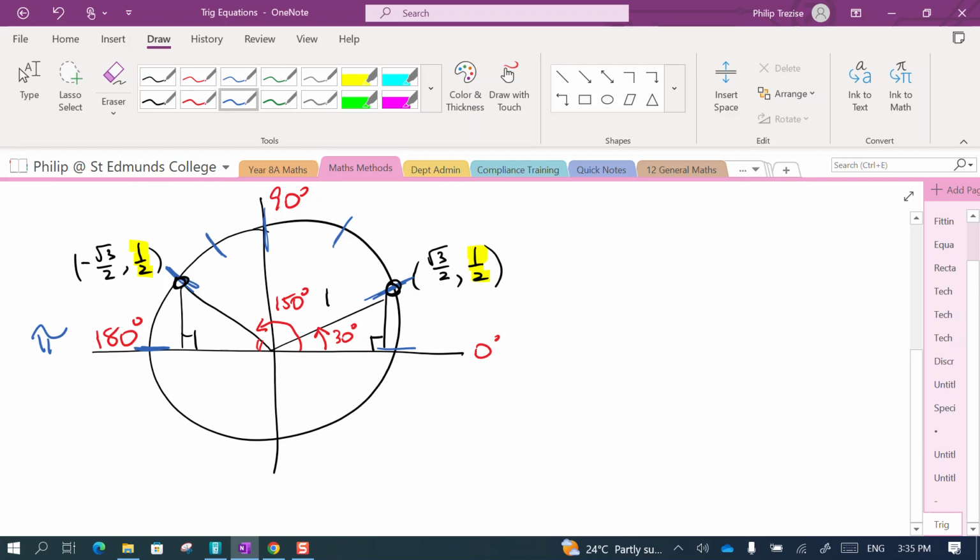So each of those steps is pi/6. So our first answer for theta would be pi/6. That's this one here. Then moving around to this point over here, I've taken 1, 2, 3, 4, 5 steps. So the answer could be 5 pi/6.